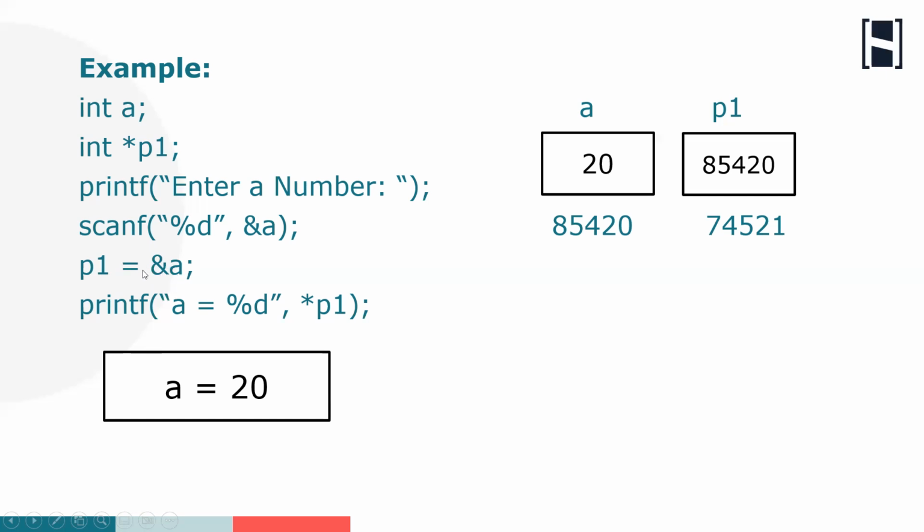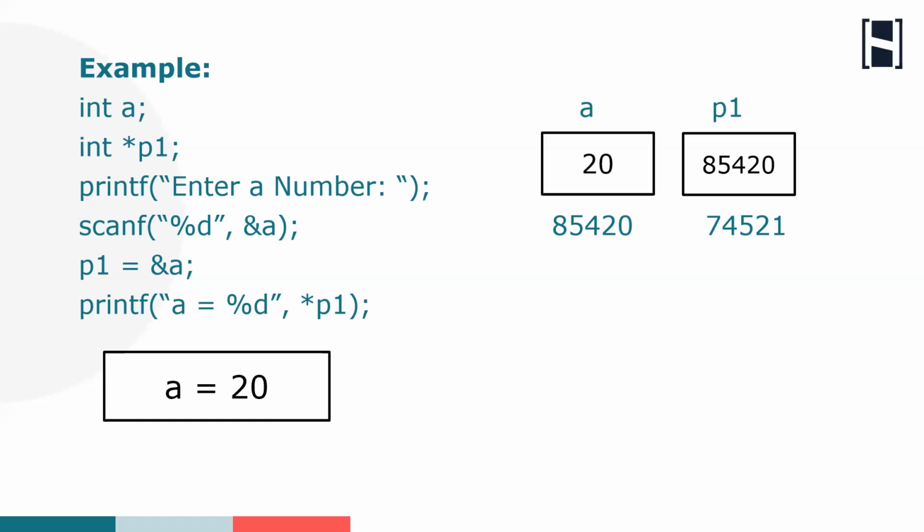Ampersand of a means address of a. So I am assigning the address of a to p1. What is the address of a? 85420. So this address is going to be stored as a value for p1.